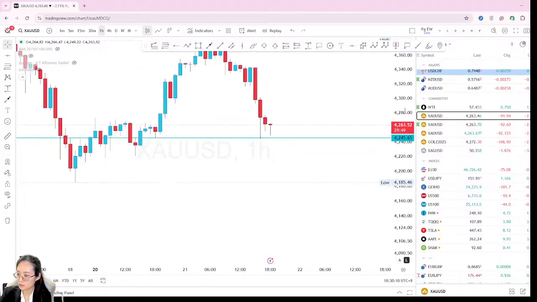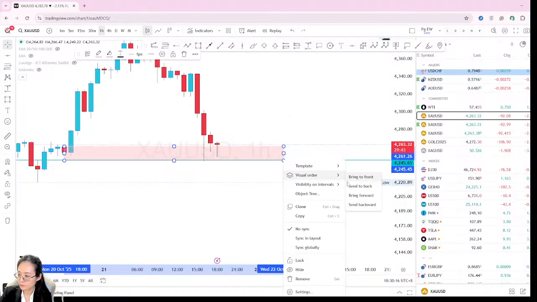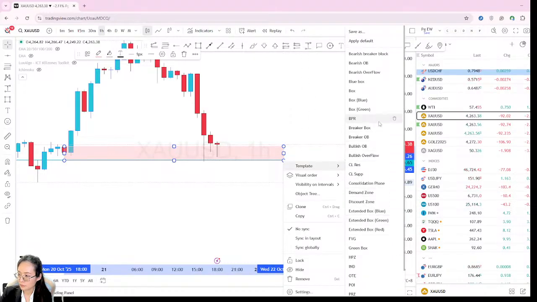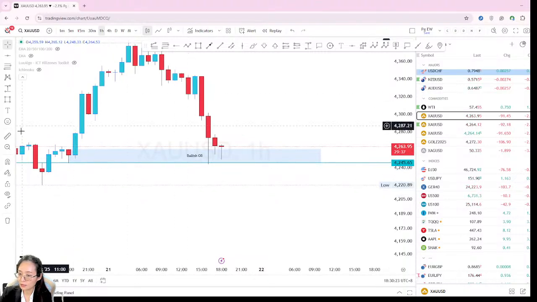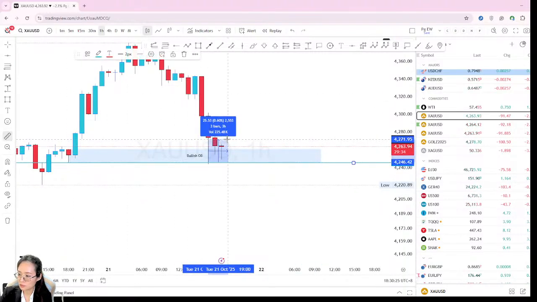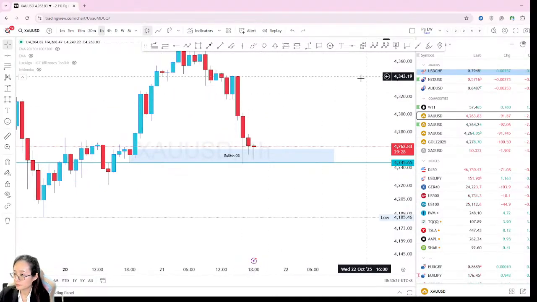That is also the OB. Okay, just now, right? So this is our buy entry. And price has, from here you can see the rejection. Let's just say 300 pips.